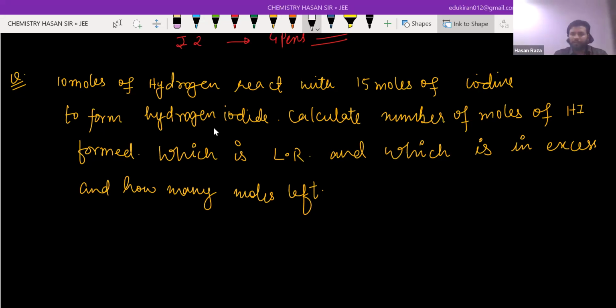Shahid, Madiha, have you written the equation, the chemical reaction? Yes, sir. What is the reaction that you have written?